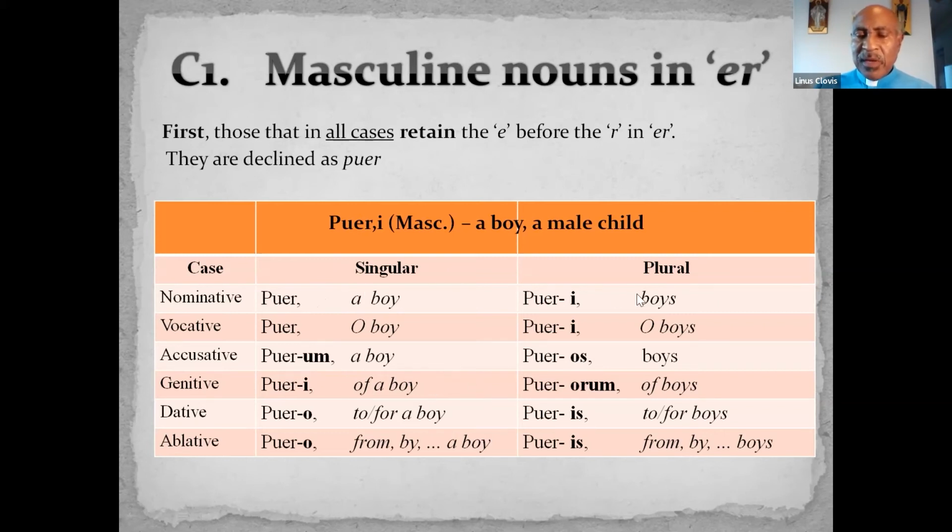So then, as with dominus, we have puerum for the accusative and pueros for the plural. The genitive, pueri, domini, pueri. Okay, so these two are the same. And then for the plural, puerorum.